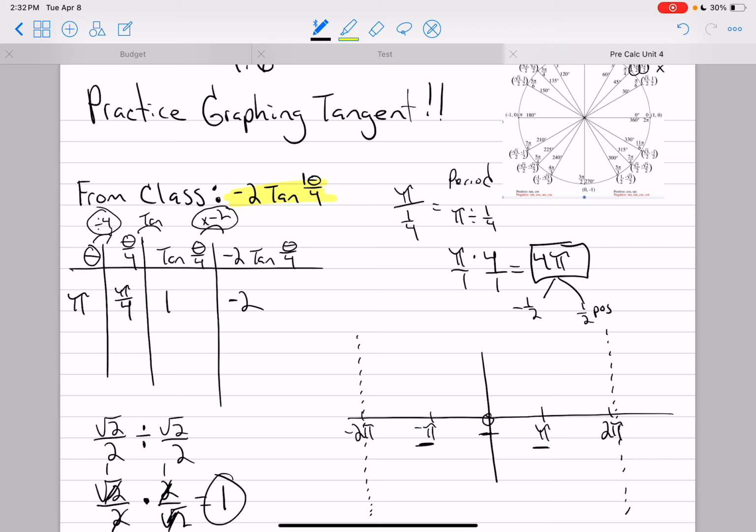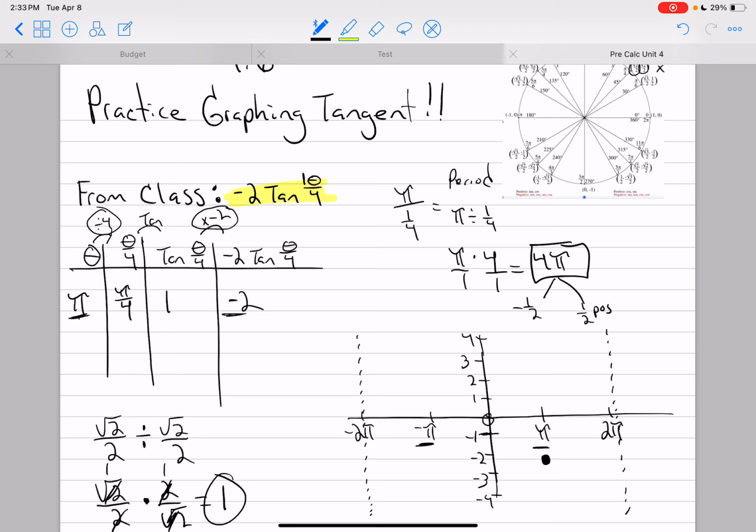That when my input is pi, my output is negative 2. So I'm going to go there. I'm going to call this negative 1, negative 2, negative 3, negative 4. We'll call this 1, 2, 3, 4. When my input was pi, my output was negative 2. There's my first spot.